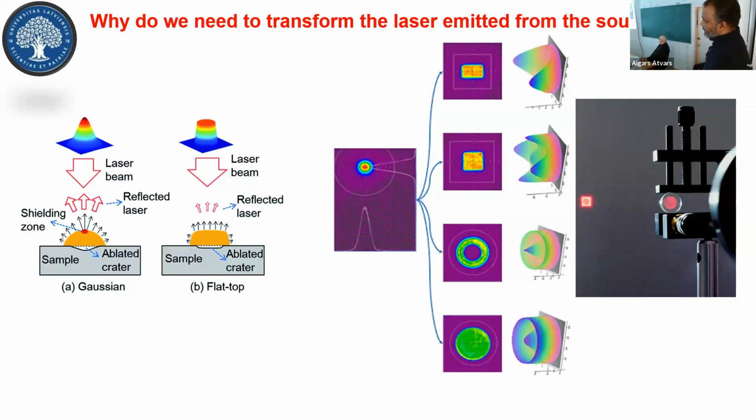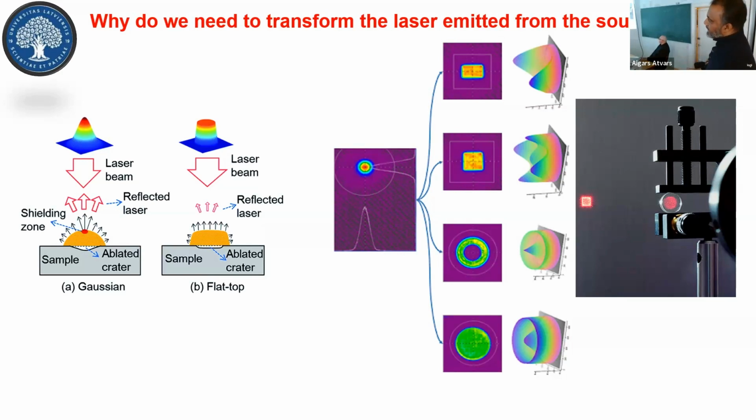Most of the people working with material processing applications are familiar with laser ablation. Laser ablation is a mechanism where, if you illuminate the laser on the surface of a target, because of the laser energy, you can lift some amount of material from the surface of the target.